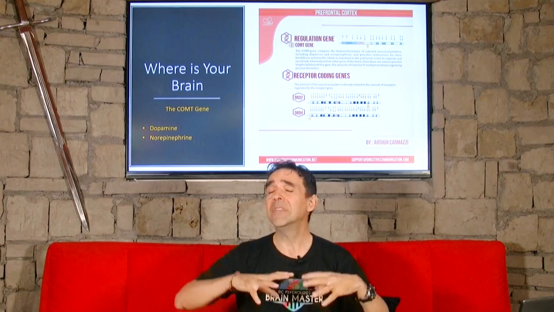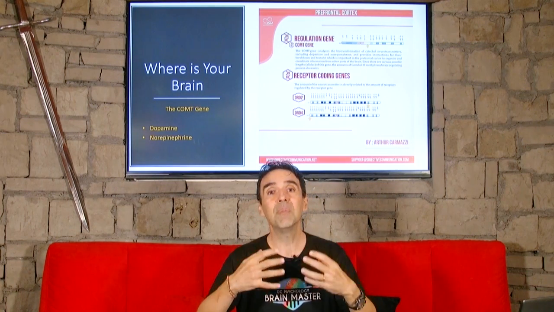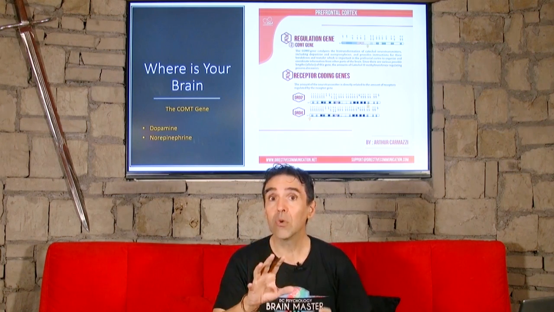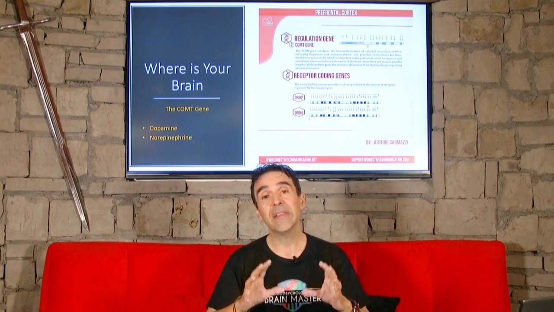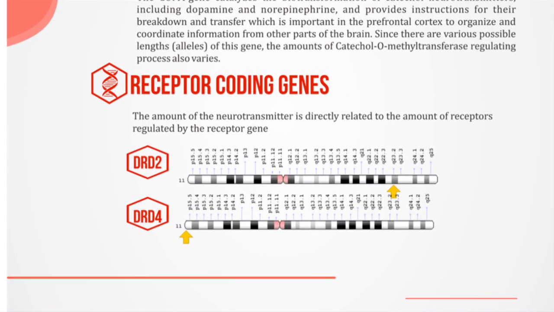Now, besides, of course, the regulation of the dopamine and norepinephrine neurotransmitters, it also affects the other two genes, which are the DRD2 and DRD4 genes, which are basically receptors. Now, receptors are, well, imagine that you're sitting at a chair.